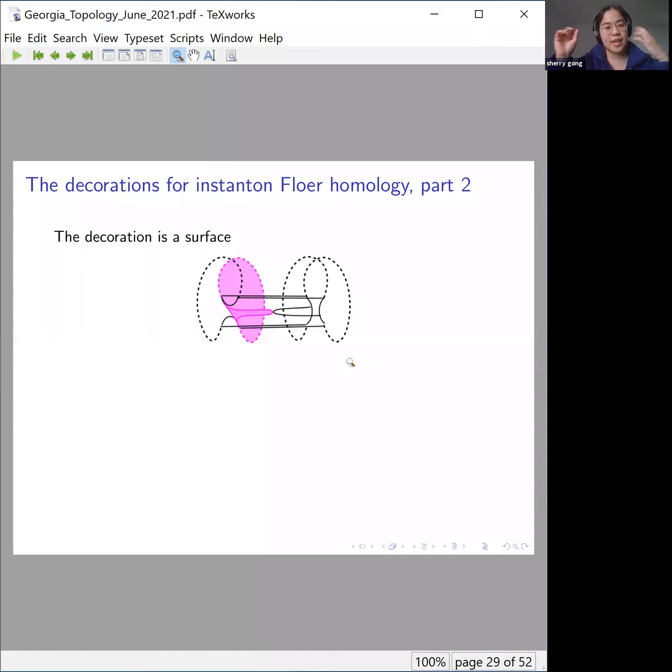Also, the other requirement is that this extra surface can only intersect the cobordism at the boundary of the surface, so it can't have random intersections inside.